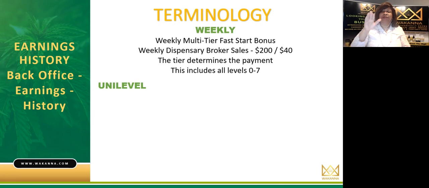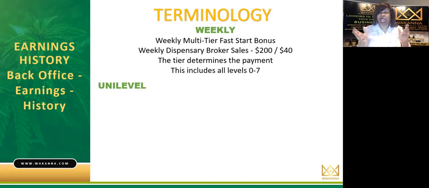And every time somebody else who did somebody else who did somebody else does something, you make money too, all the way down 7 levels. That's paid out weekly, guys. Now, there is a little 2-week window of delay before it hits, but then it goes to your back office and then it also goes to your e-wallet.